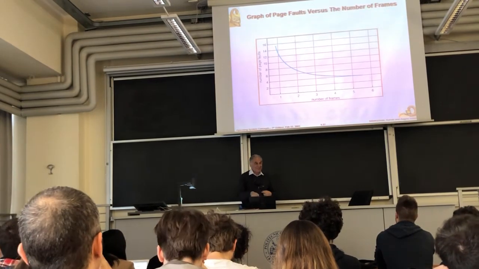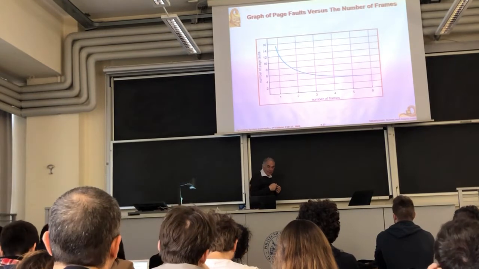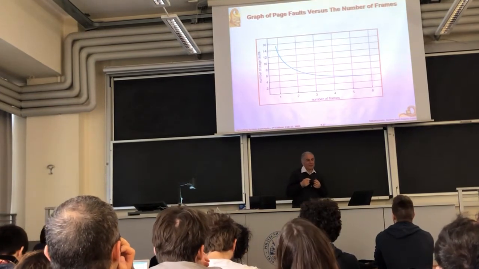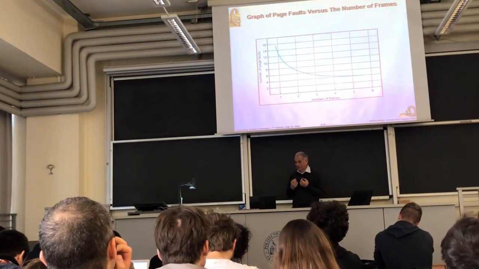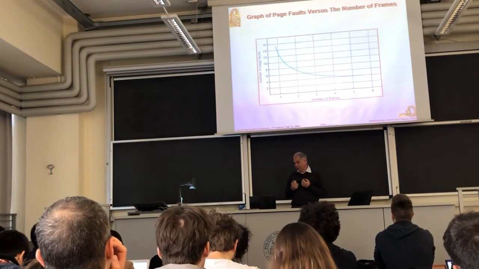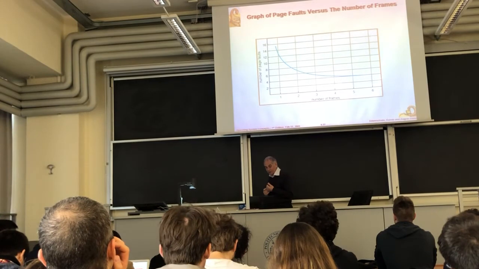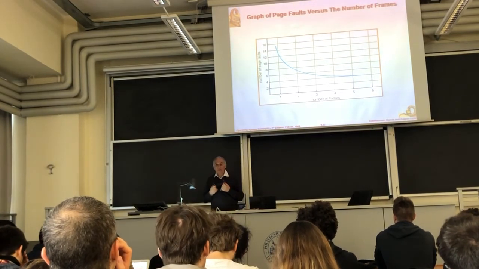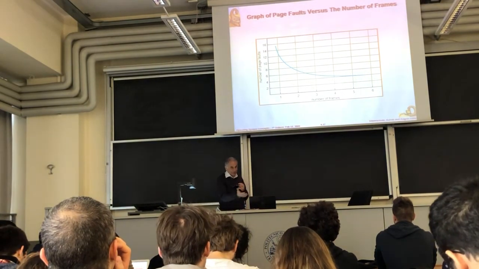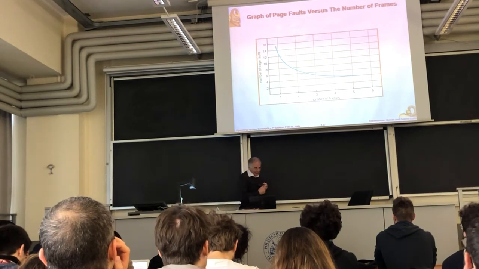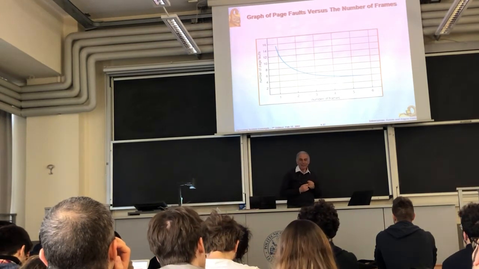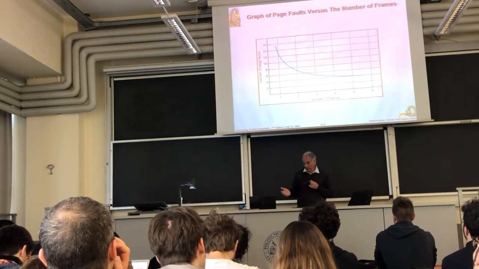So this is the behavior of the number of page faults as a function of the number of available frames. And as you have imagined, of course, the number of page faults decreases.